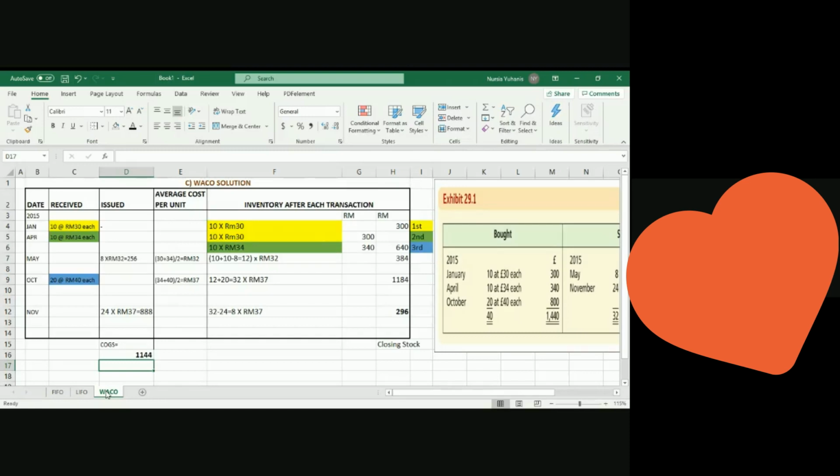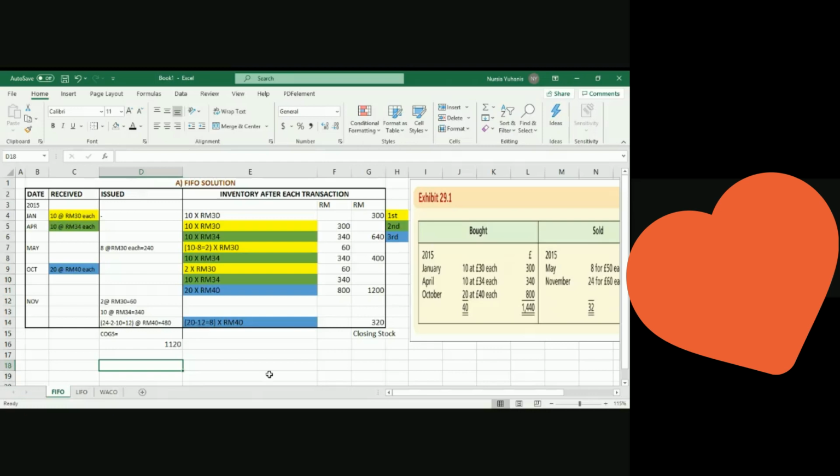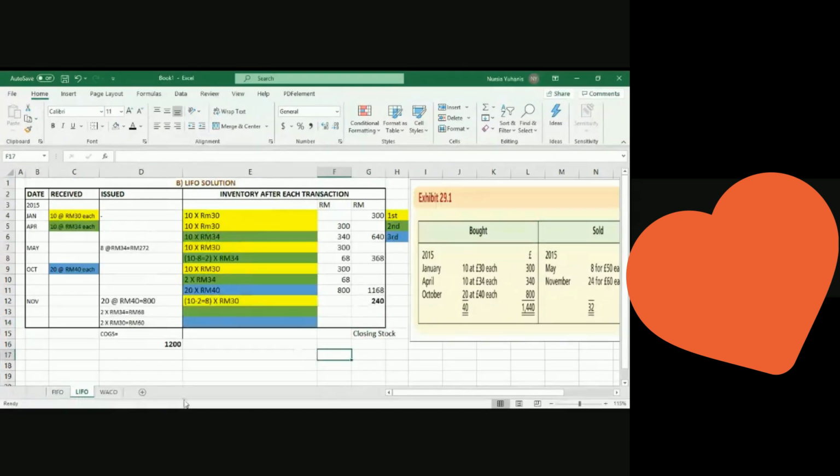So let's compare the closing stock. For the FIFO method, the closing stock is 320. Compare that with LIFO, 240. So if you use FIFO, you will have more closing stock.